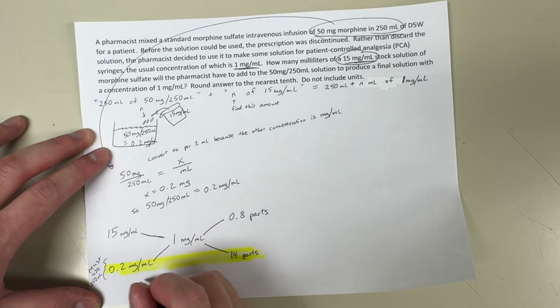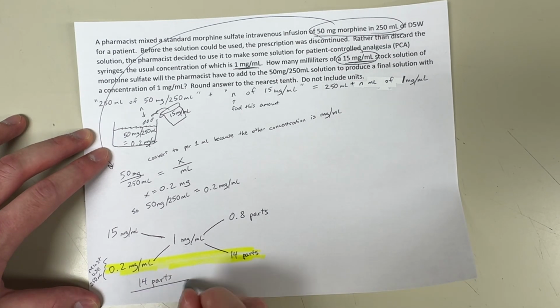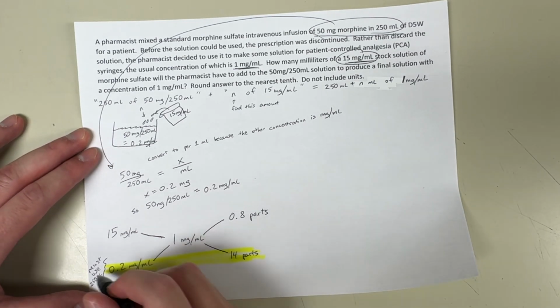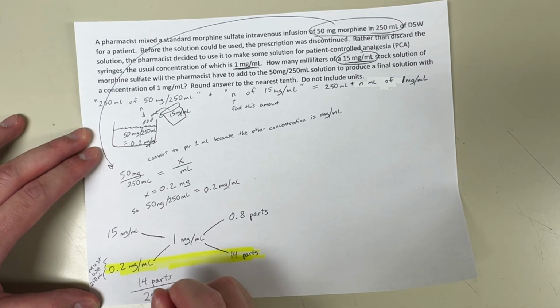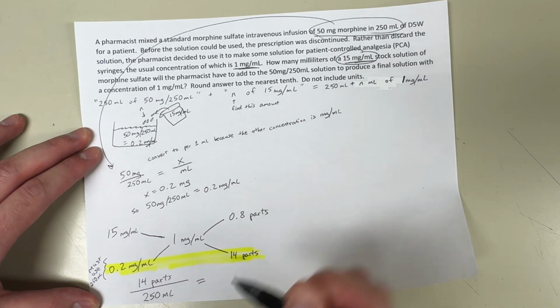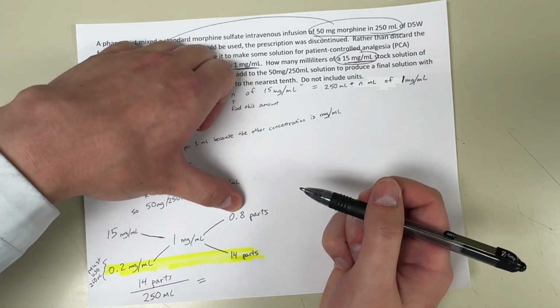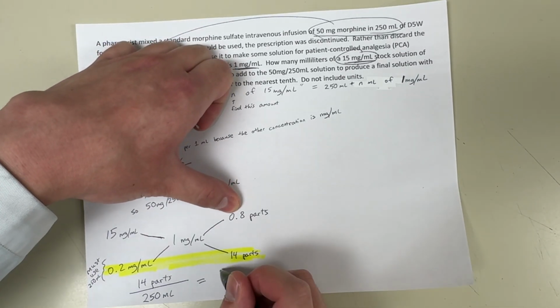So that's why you can just do a proportion. So 14 parts over what we need to use, well, we're forced to use all of it, 250 milliliters. And then I set that to the other strength, which is 0.8 parts.